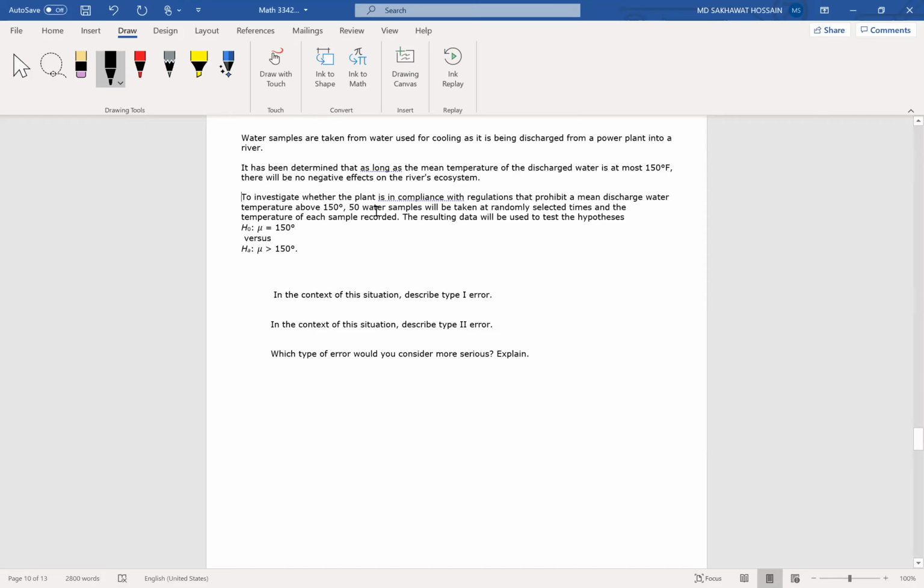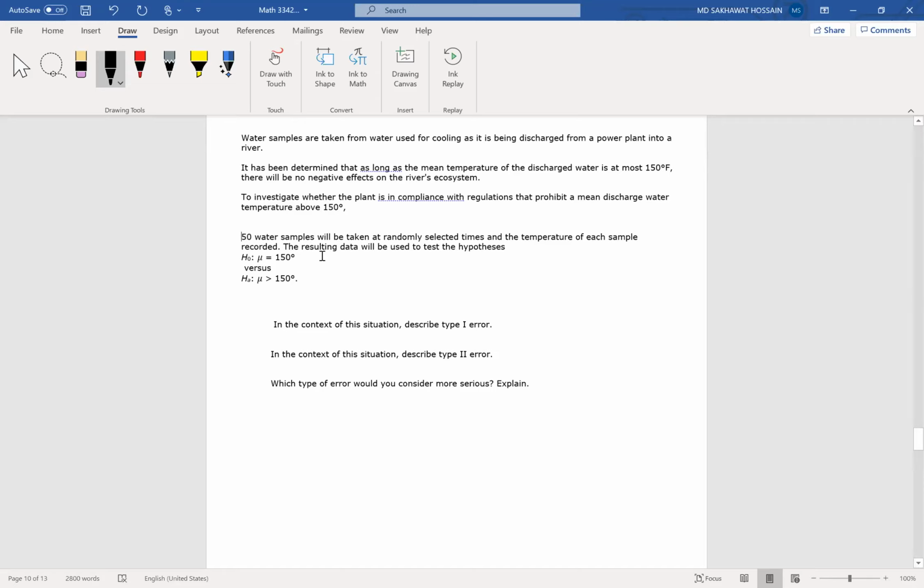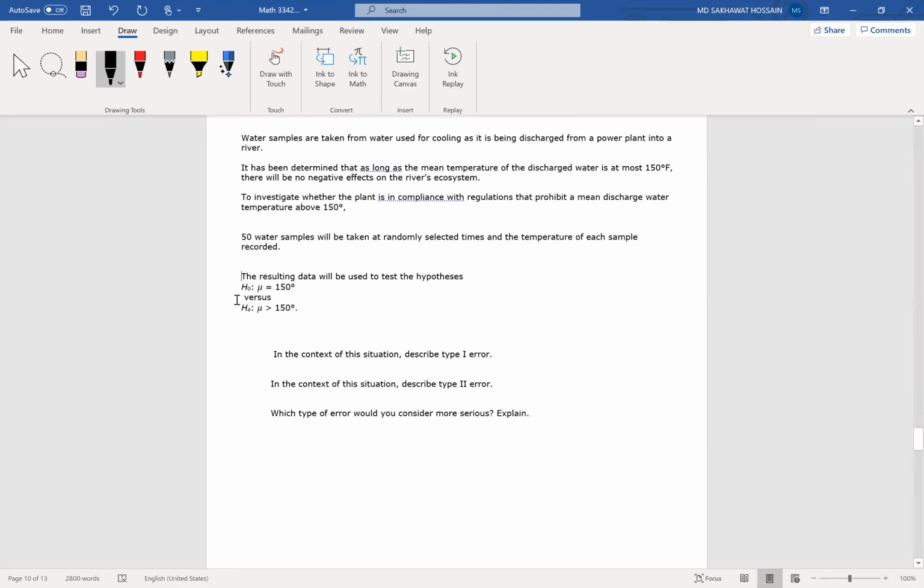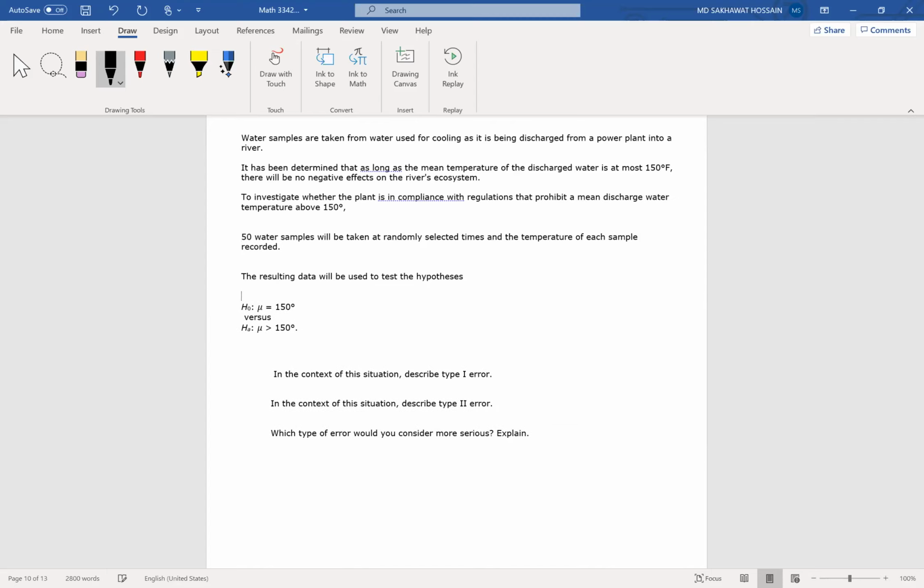To investigate whether the plant is in compliance with regulations that prohibit mean discharge water temperature above 150, 50 water samples will be taken at randomly selected times and the temperature of each sample recorded. So the sample size n is equal to 50. The resulting data will be used to test the hypothesis.